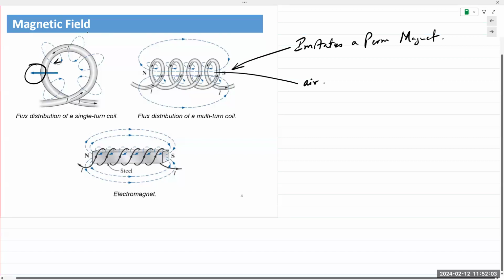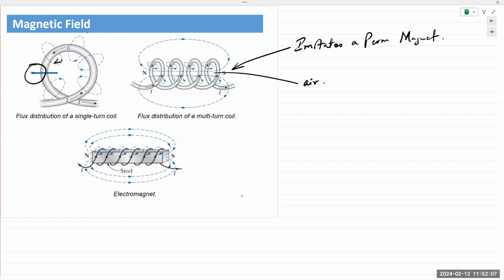So some researcher somewhere discovered that if you insert a ferrous material through the center of that coil, you can strengthen the magnetic field. The magnetic field is now stronger because the permeability of that material is higher. It can establish a magnetic flux line with ease.